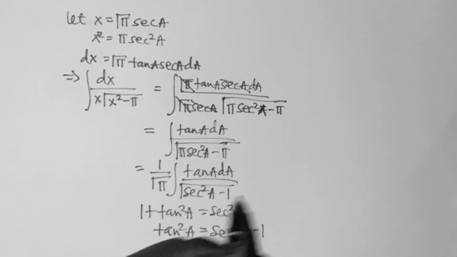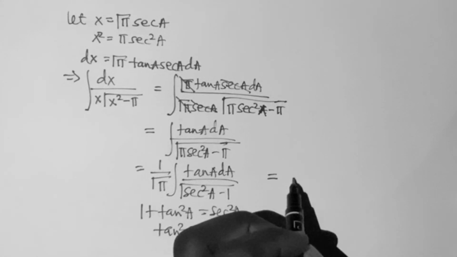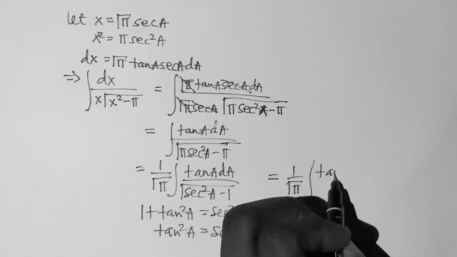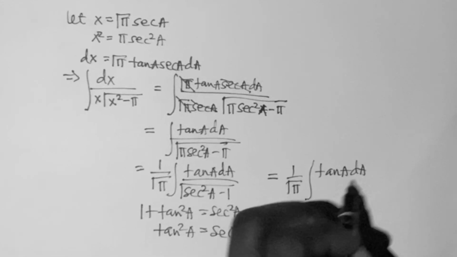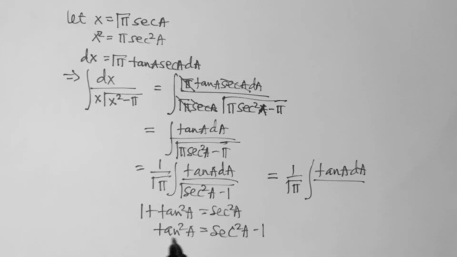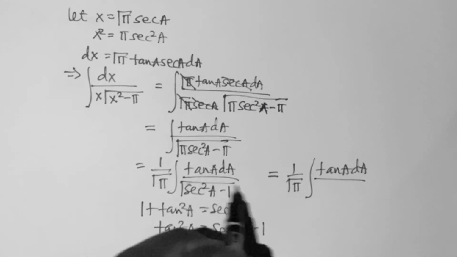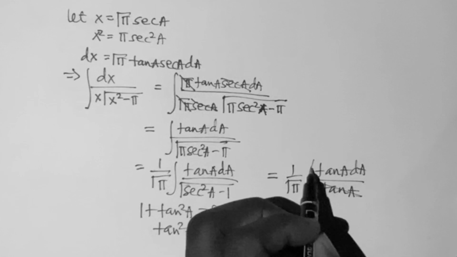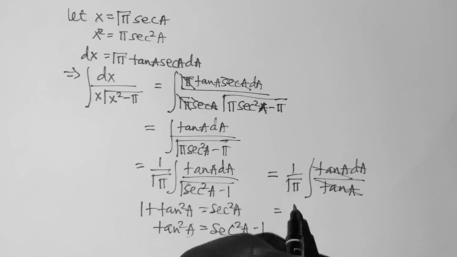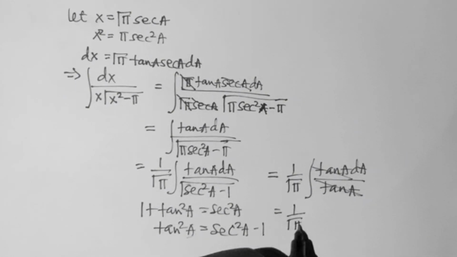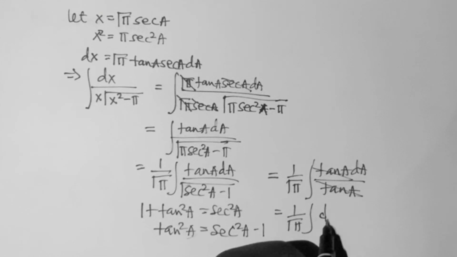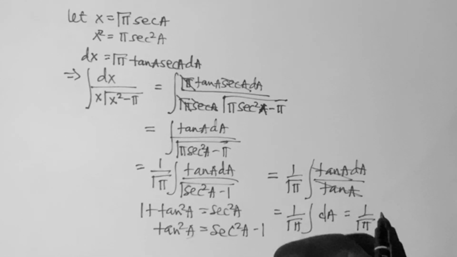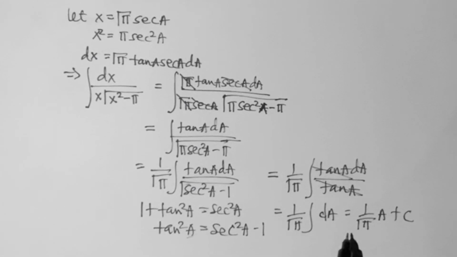So all of this becomes 1 over root pi integral of tan a dA divided by, now tan squared a, all of this is tan squared a, so here is going to give us tan a, so that this tan a and tan a can cancel. Below, 1 divided by root pi integral of dA, this is equal to 1 over square root of pi a plus c.